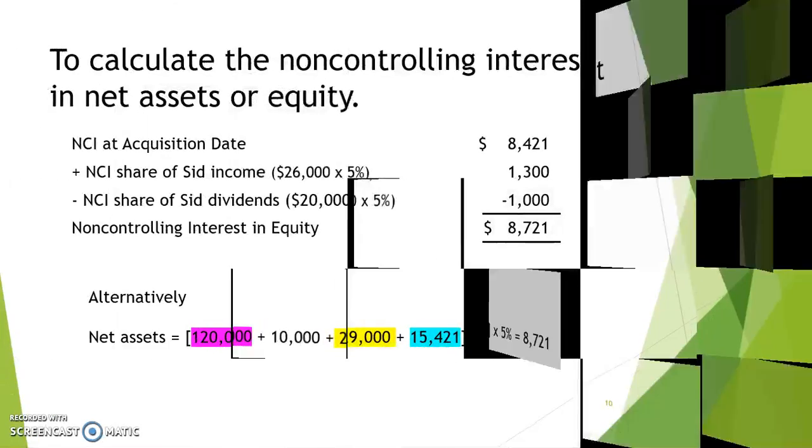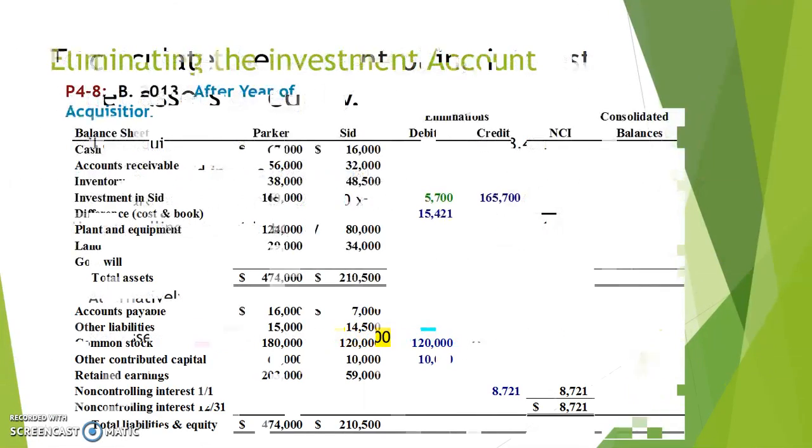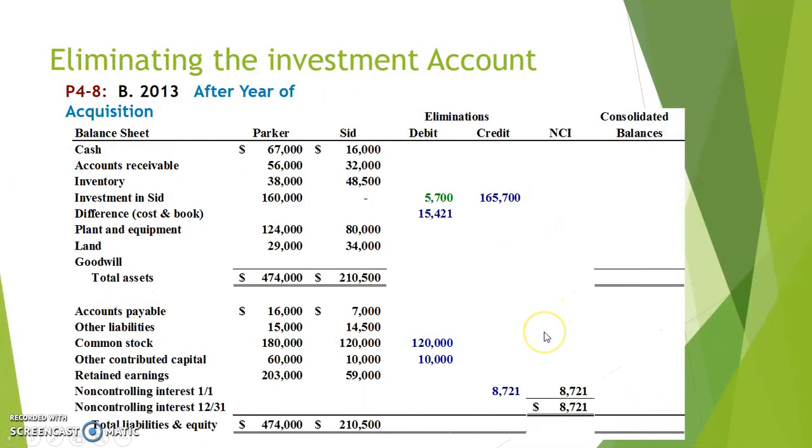We will now go to the working papers and we would make those entries. So we have the credit to the investment account of 165,700, the 160,000 plus the 5,700. The difference between the cost and the book value is 15,421. The 120 here for the common stock is eliminated.